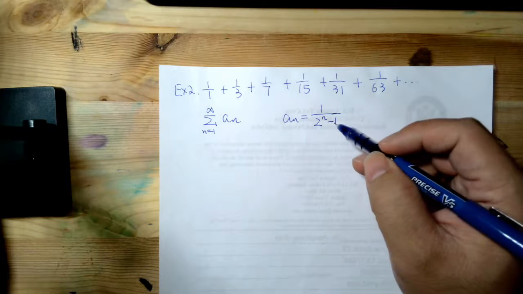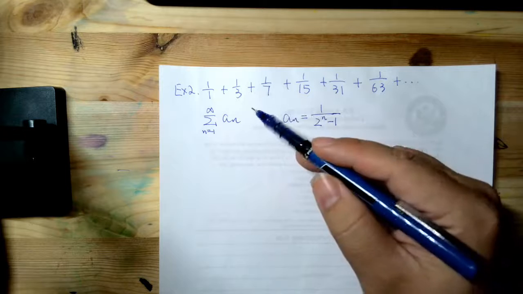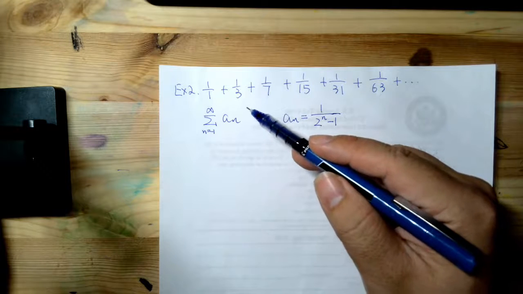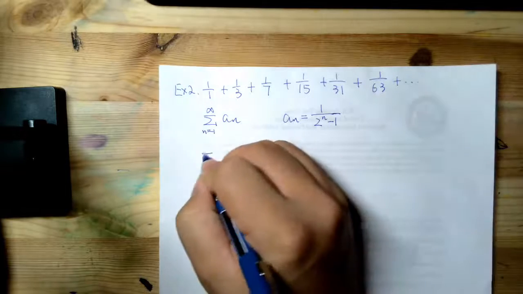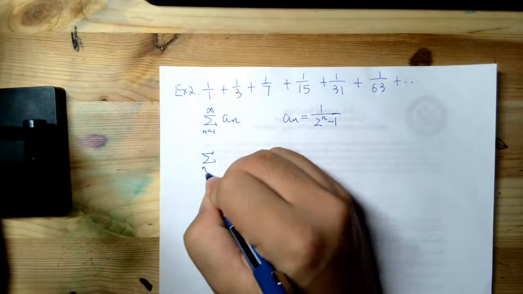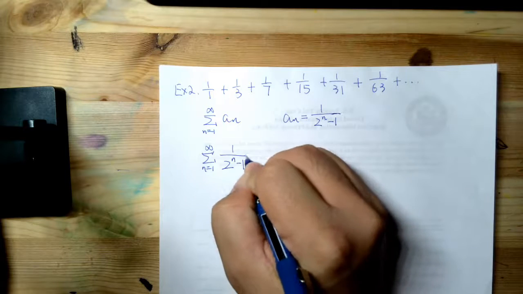You can verify that when n equals 1, it's 1. When n equals 2, it's 2 squared minus 1, which is 4 minus 1 is 3, etc. So it turns out our series here is 1 over 2 to the power n minus 1.